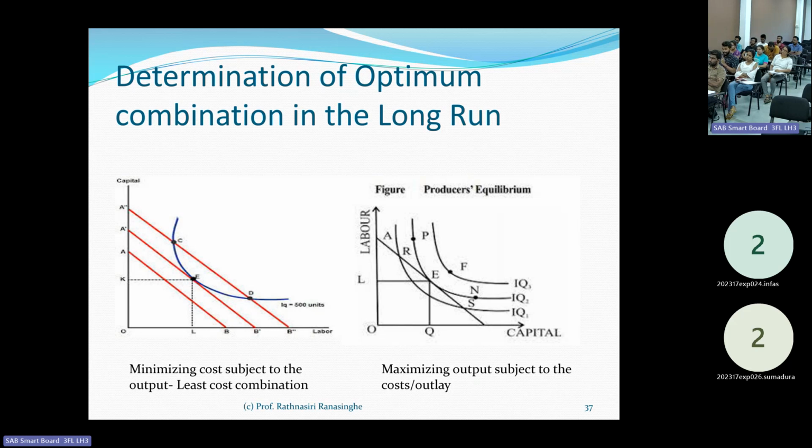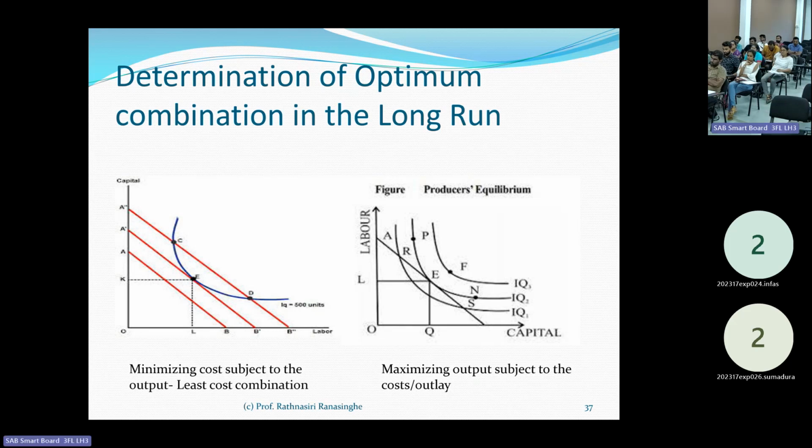Now here, if you take the second diagram, let's say maximizing output subject to the cost. The cost is given, a fixed cost.